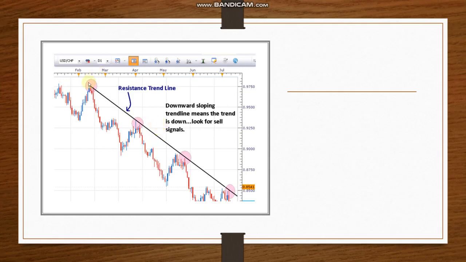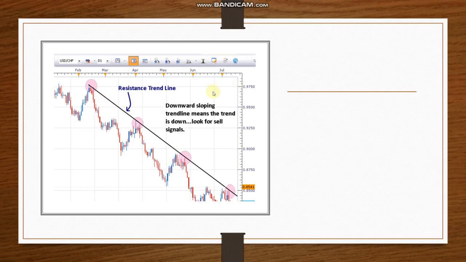So when market was falling, it was taking resistance at this particular point, and we joined these two dots. We found that market was following a trend line, or it was getting resistance at a trend line. So easily we could short the market here, and we can be on the trade.